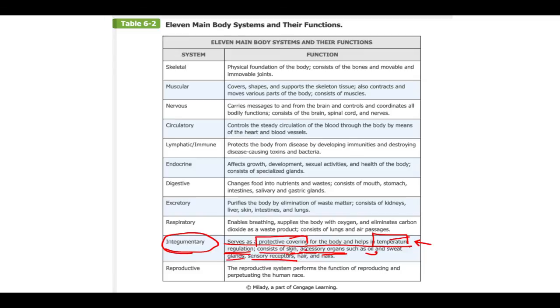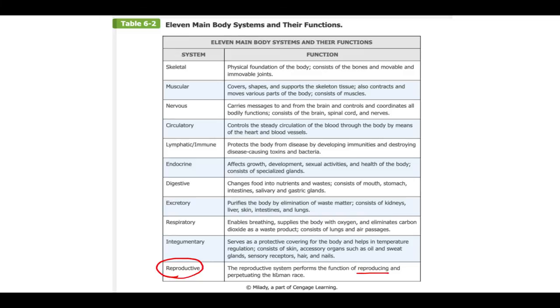If something's too cold or too hot, we have those sensations to guide us. And there's hair in there, and also nails that grow out of the skin within this integumentary system. Finally, we have the reproductive system, and the key element of that is reproducing and perpetuating the human race.